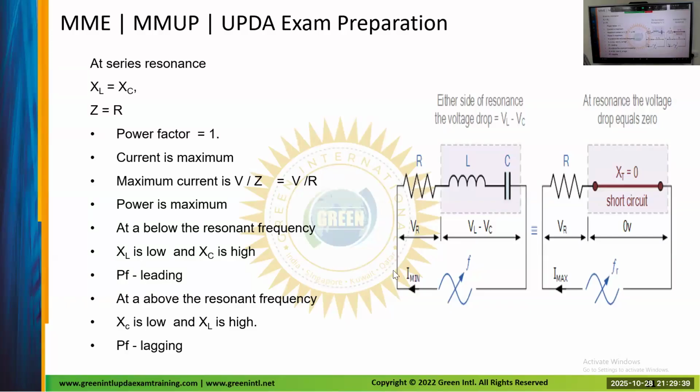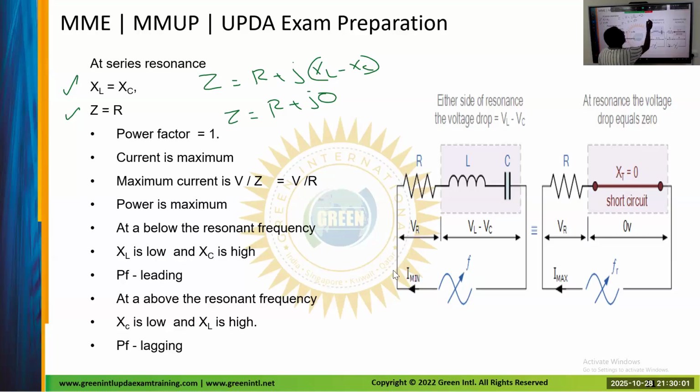So series resonance, XL is equal to XC. So Z is equal to R plus j(XL minus XC). So Z is equal to R plus j0. In other words, what is the meaning? XL minus XC is equal to 0. Correct?